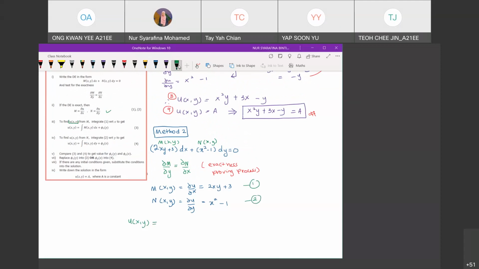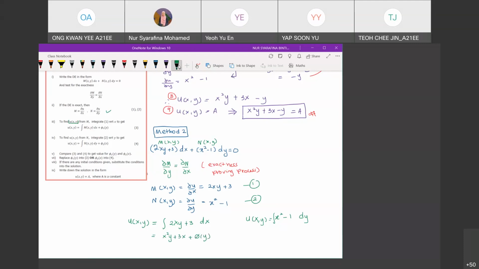The first one, you integrate 2xy plus 3 with respect to x, and for the second, you integrate x squared minus 1 with respect to y. Integrating this, you will have x squared y plus 3x plus psi 1(y).